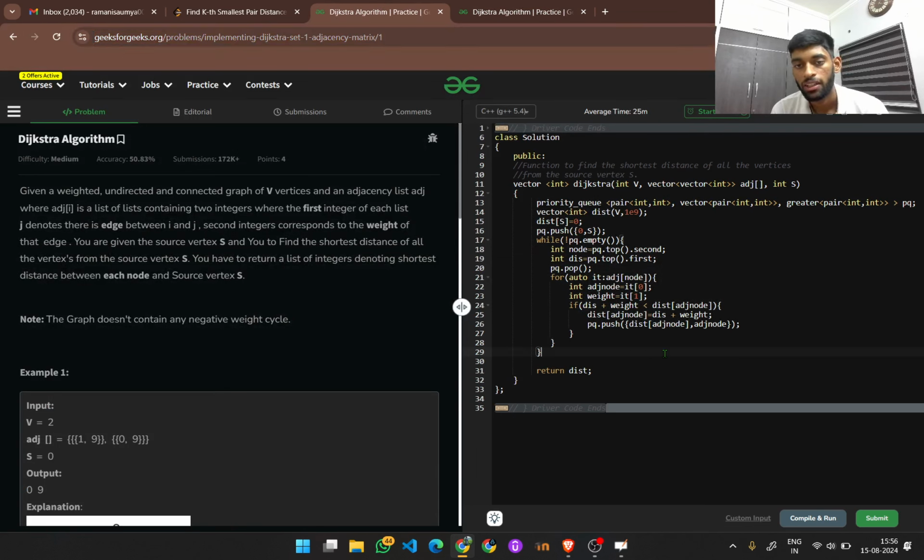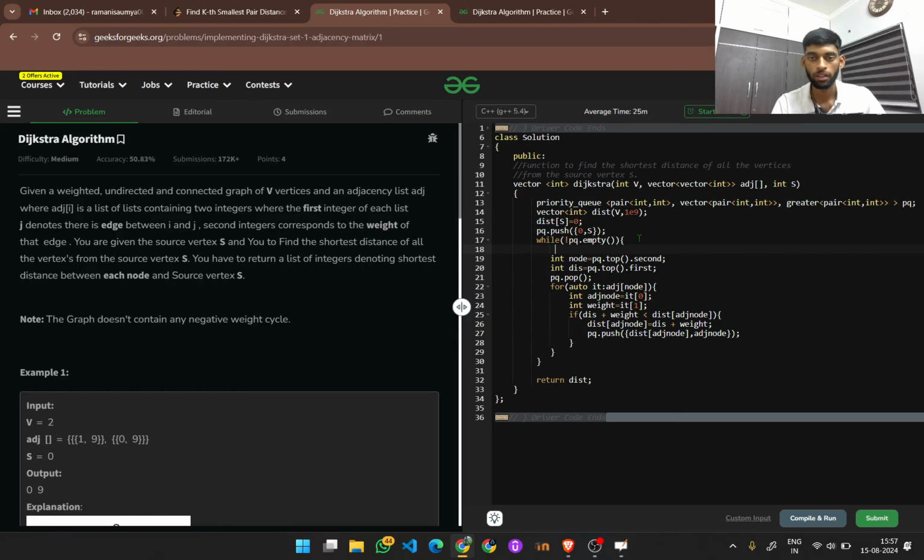This code I written is of the priority queue approach. Here we are using a priority queue, which is also known as minimum heap, which returns the minimum value of that particular pair or integer, whatever we are storing it, which is the minimum. It is also a similar one, nothing much difference. Please have a look at it also.